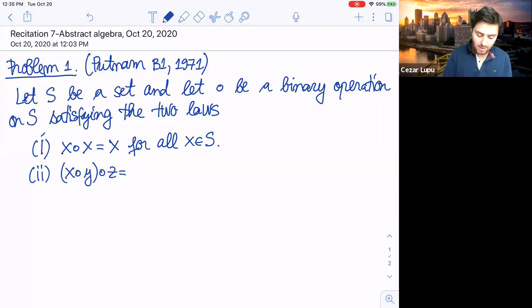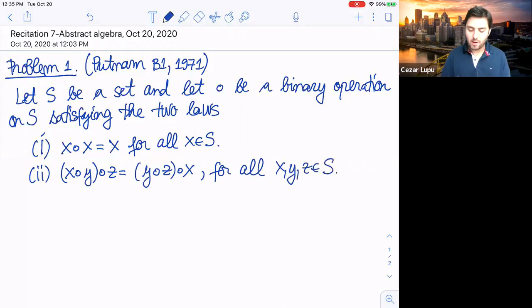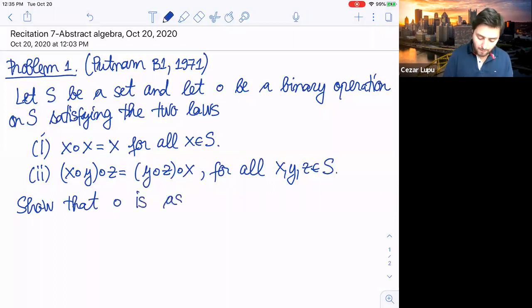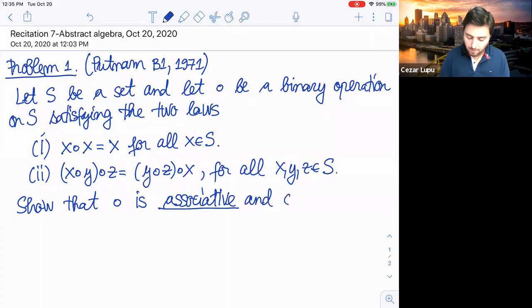Like I said, it's not quite associativity, because this will be equal to y circ z circ x, for all x, y, z in S. And I'll explain immediately why this is not quite associativity, because we have to show that this binary operation is associative, and it's even more, commutative.